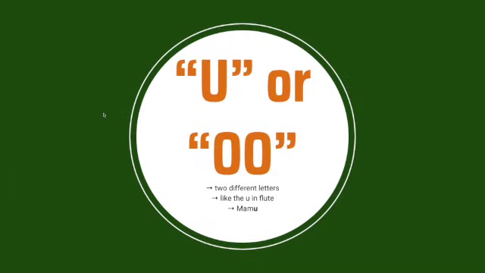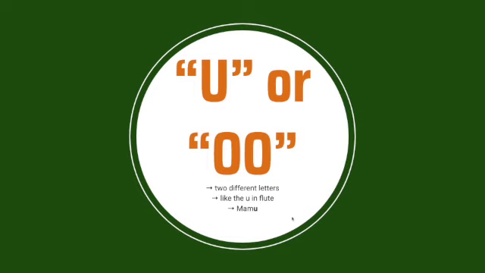Okay, now we have U or double O, which is U. There are two different letters. One is shorter, one is a little bit longer, but generally you can say it the same way. It's pronounced like the U in flute, and one example of the word is mamu. So U, but it's the shorter one.